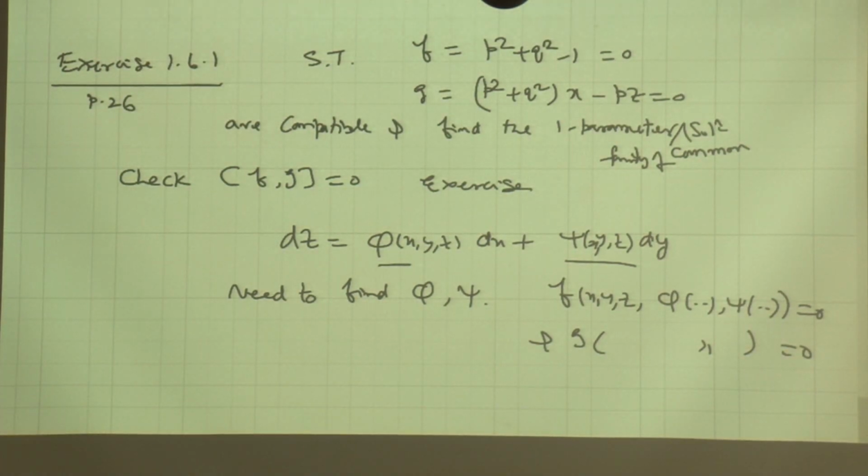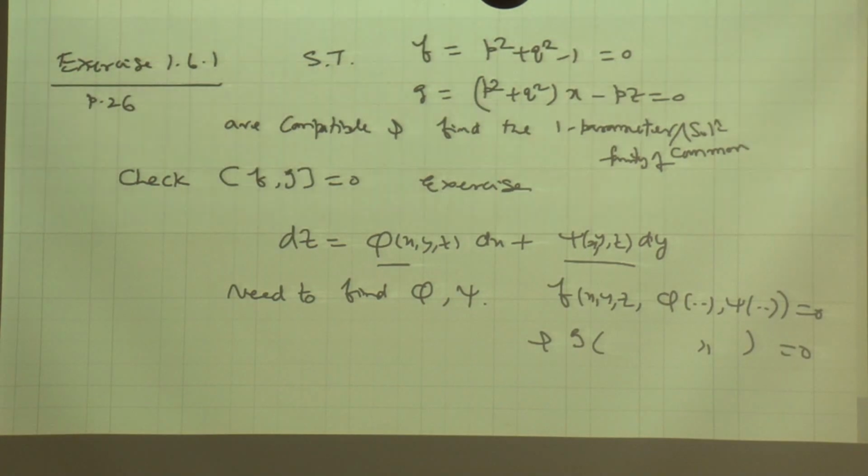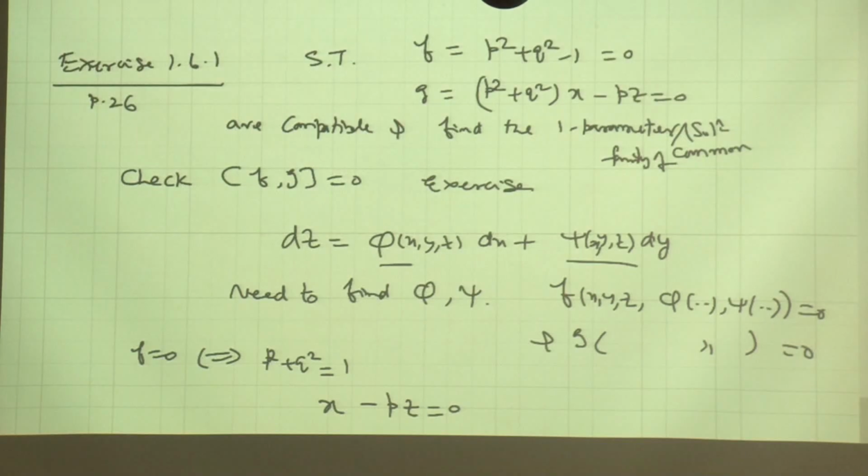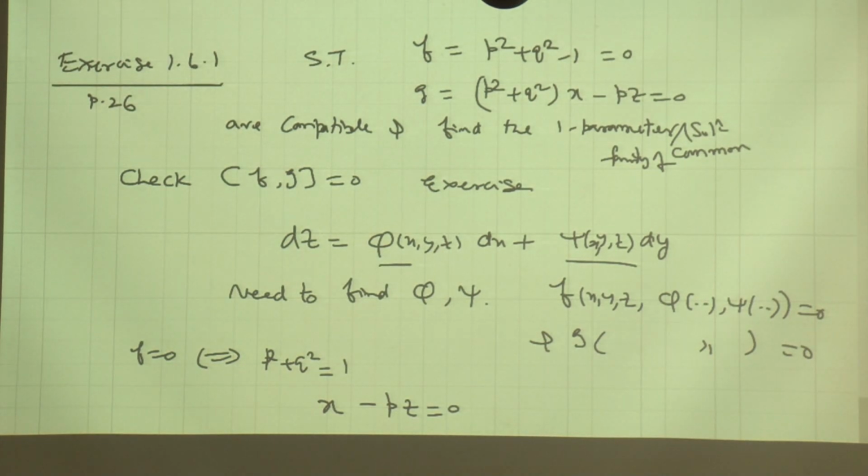Essentially we need to solve for p and q. Now I will use the information of f. F is 0 if and only if p square plus q square equals 1. I use this information in the second one. So what I get is x minus pz is 0.